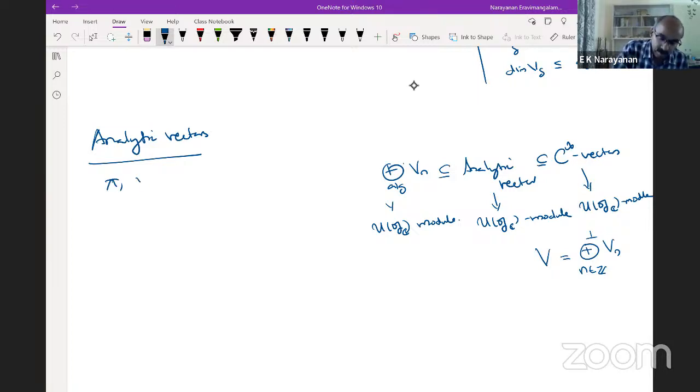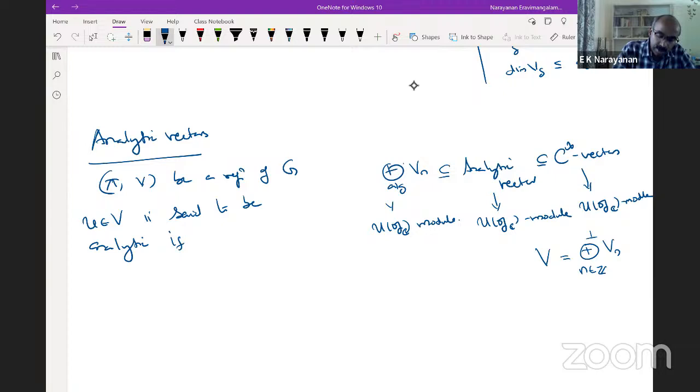Let pi, V be a representation of G. A vector v in V is said to be analytic if x going to pi(x)v is an analytic function.